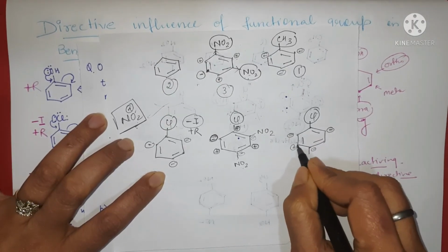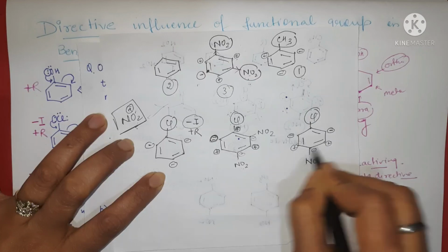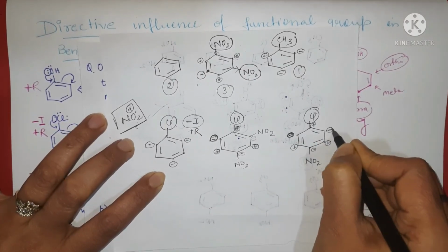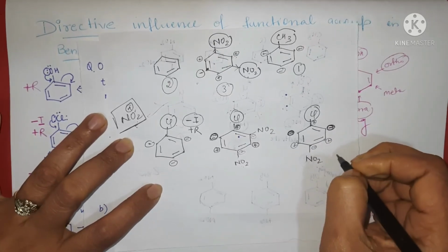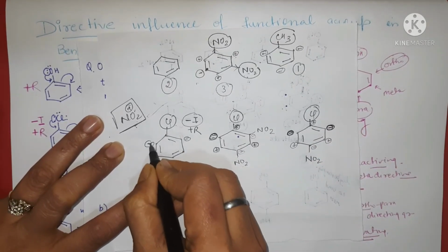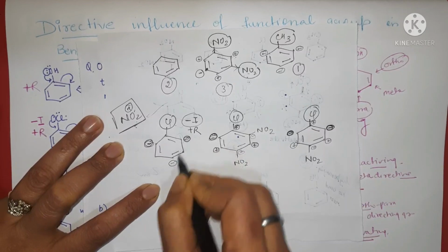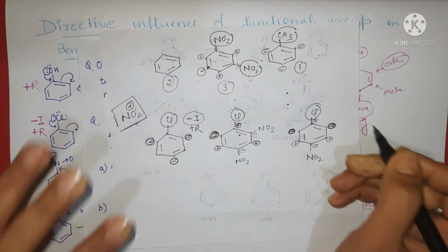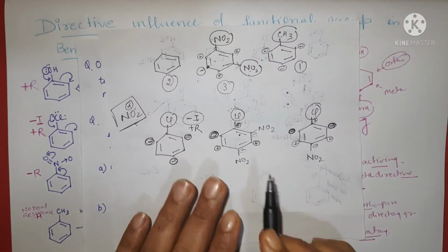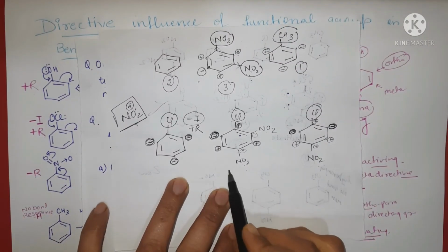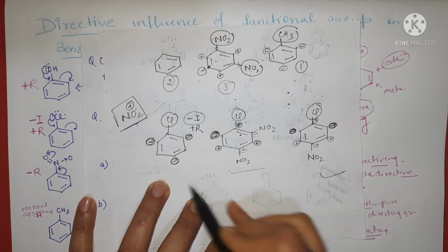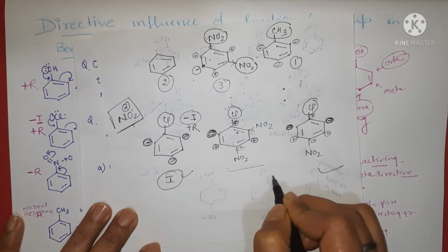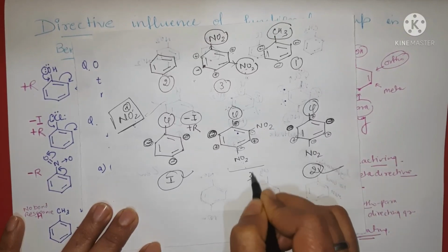Nitro group will decrease the electron density on ortho and para position. So here two spaces are there where the electrophile can come and attack. So in this there are three positions, in this only one, and here two. So the electrophile will react relatively less in this case as compared to this and then this. So the order will be, this is first, then second, and then third.